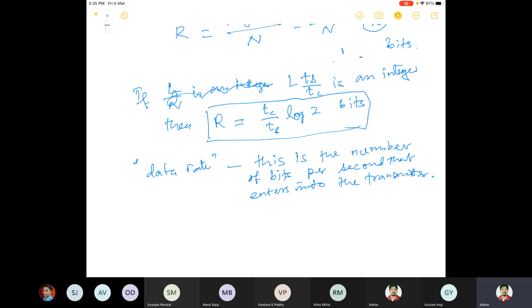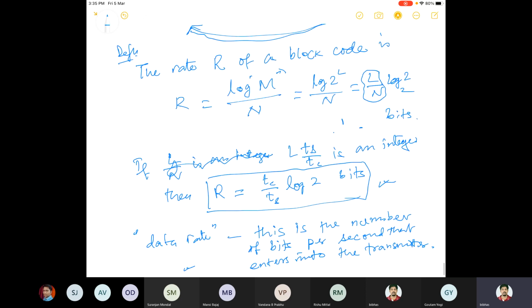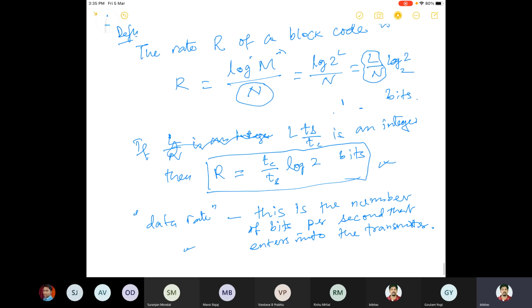Here, what we are defining as the rate has a little difference, because we are also dividing by N. Otherwise it is just L, since log 2 is actually 1.